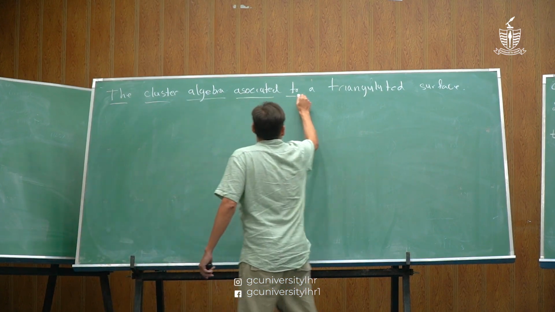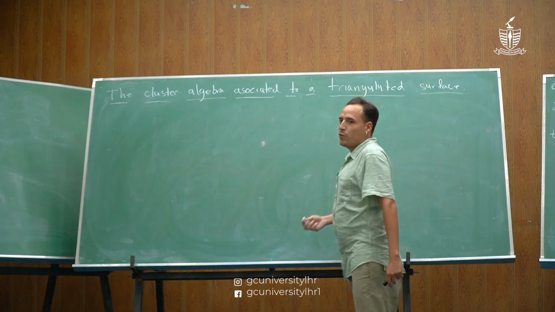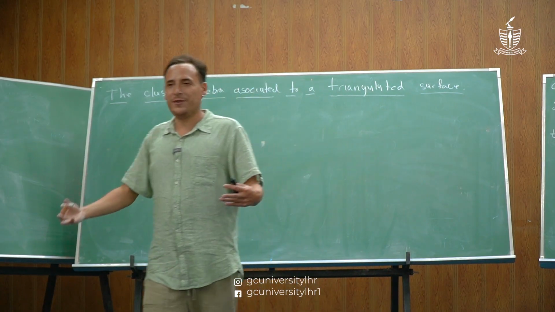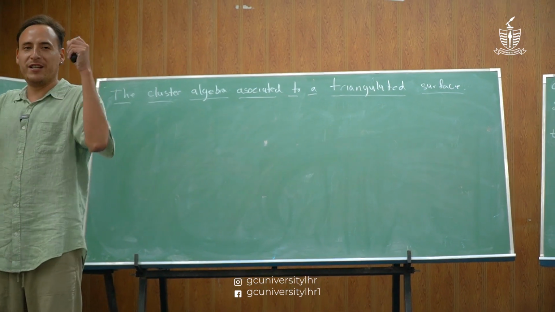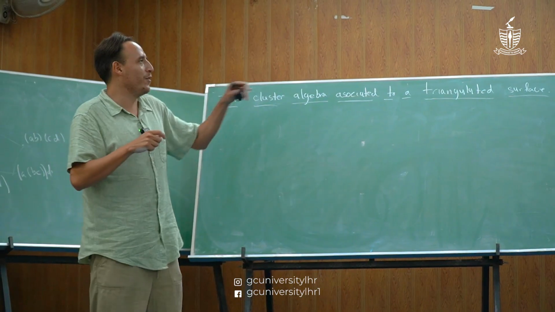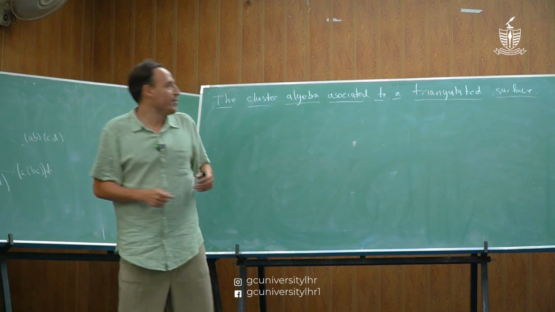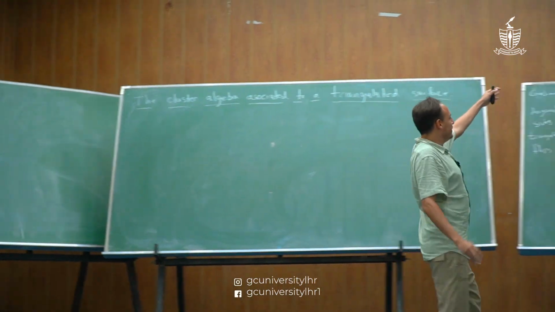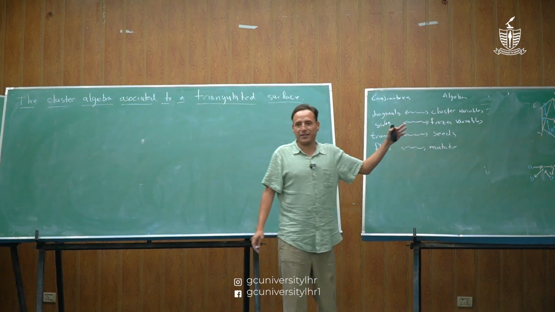So now we're going to be a little bit like Bruno, and we're going to put our topological glasses instead of our combinatorial glasses. So we don't want to talk about combinatorics, we want to talk about topology.